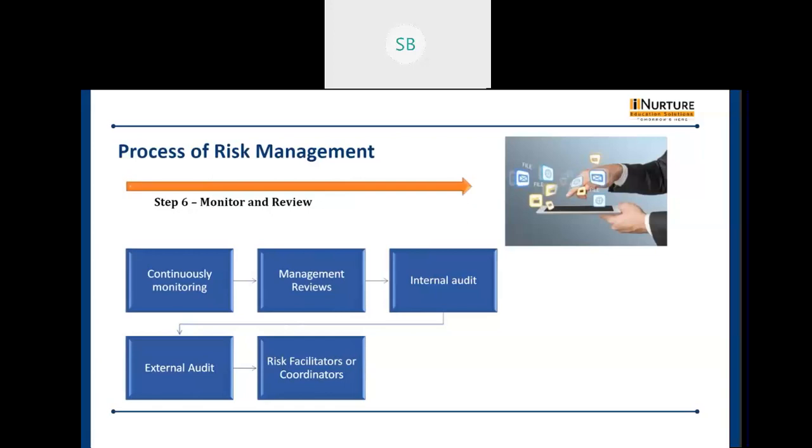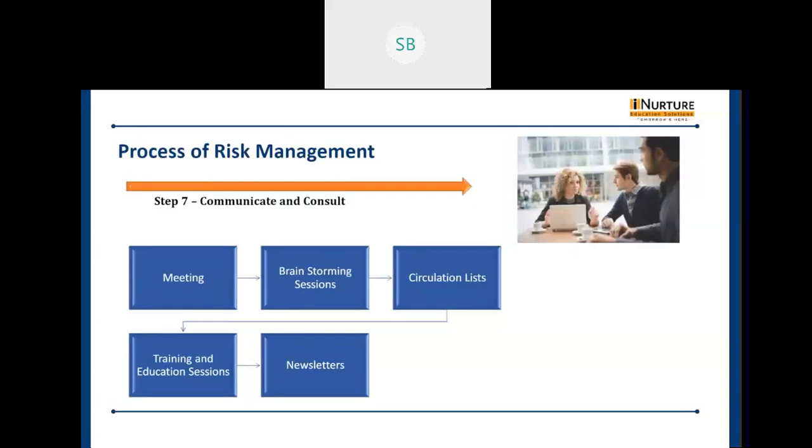And the last one is communicate and consult. As I mentioned, once the risk is monitored and reviewed, we need to communicate to the stakeholders who have importance to your organization, like the CEOs and upper level management. They should know about the problems you are facing and the risks a project has, from the start of the project.